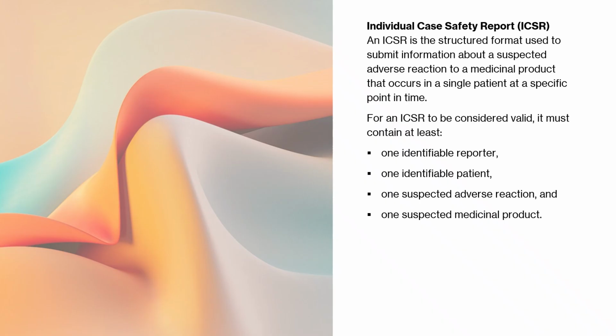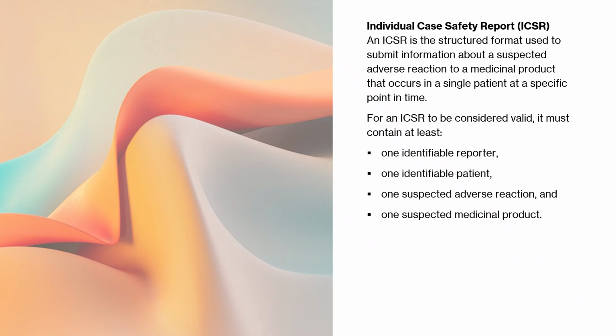Let's suppose we take scenario 1 where a physician reports that a 45-year-old male developed severe rash after taking amoxicillin. So here we need to check the criteria to see if it qualifies to be an ICSR or not.